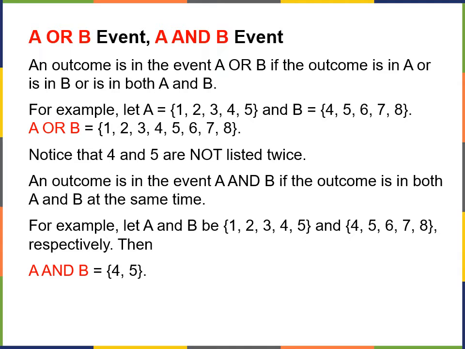As we start looking at more and more involved probability situations, equally likely or not, we're going to talk about the addition rule and the multiplication rule, which really revolve around the A or B situation or the A and B situation. So when we think about A or B, there's really 2 different types of or statements that you can make in, say, the English language.